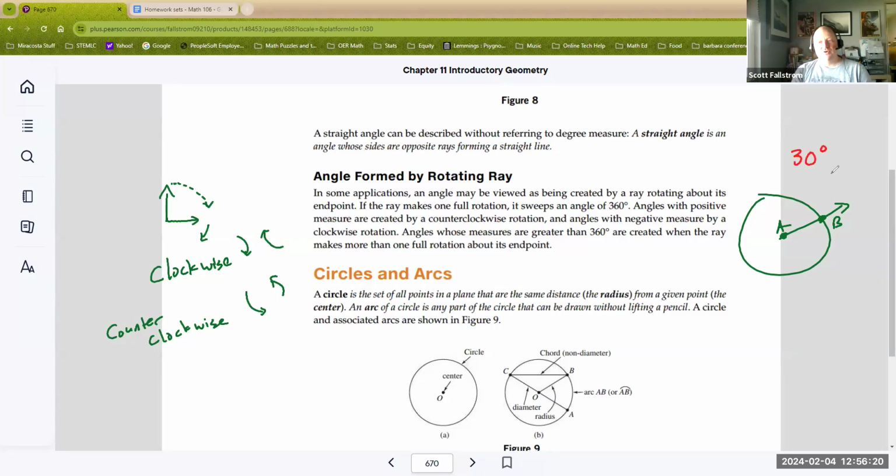So if you say turn 30 degrees, I still have to ask, do you want me going in a clockwise direction or a counterclockwise direction? Those make different angles, right? So we need to know a little bit more sometimes, and that's why that is important.